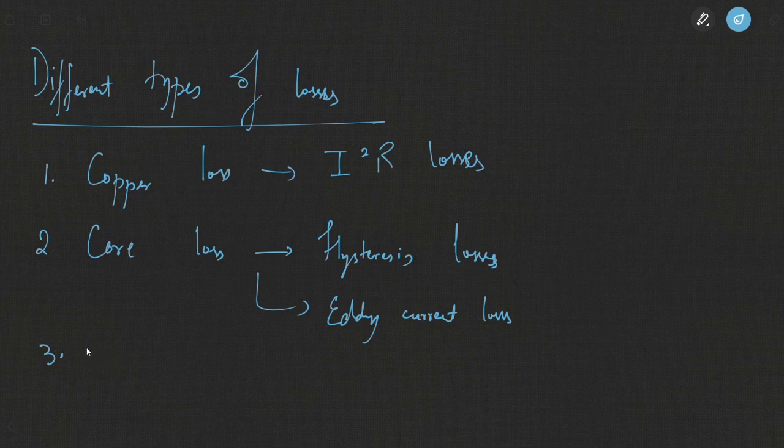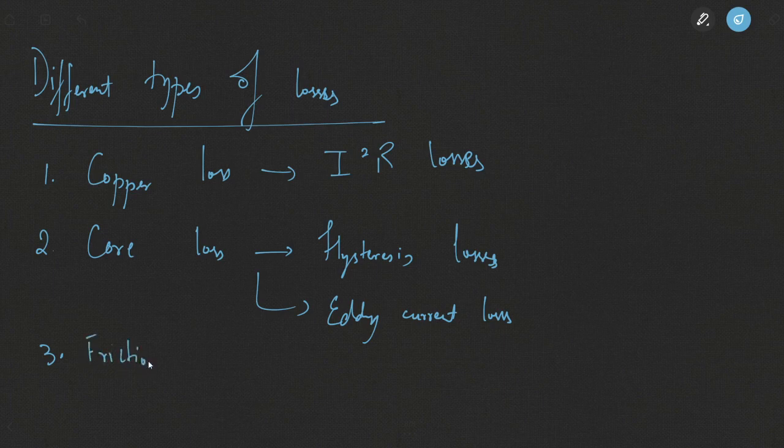You can have frictional losses, mechanical losses, damper winding losses, stray losses, and winding losses.